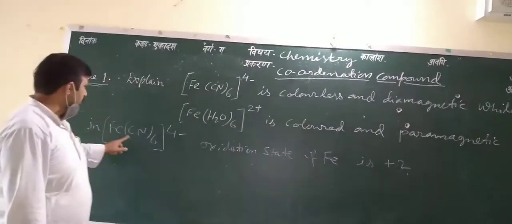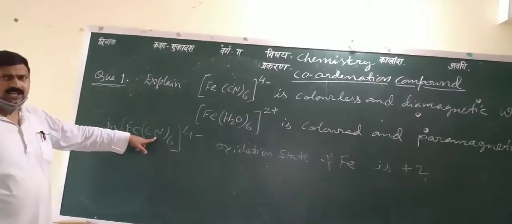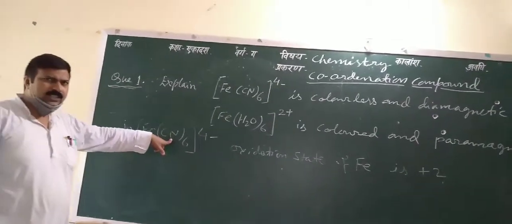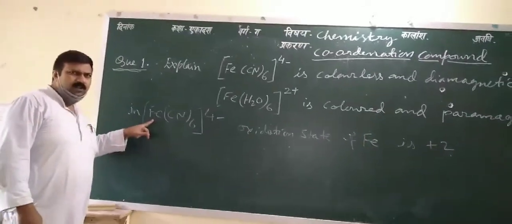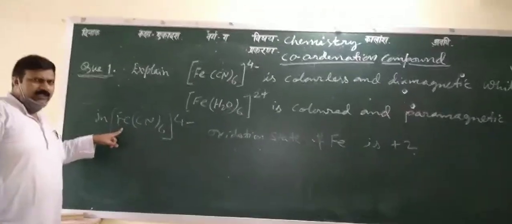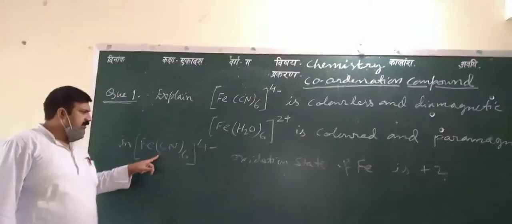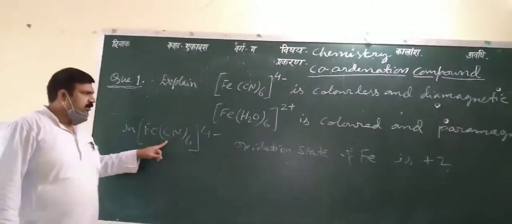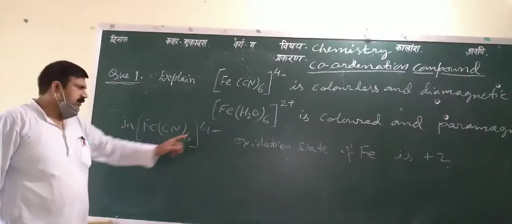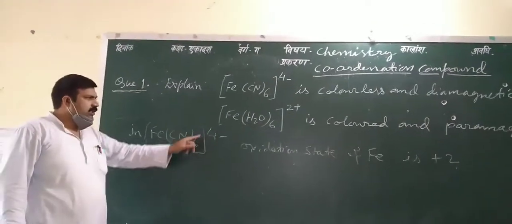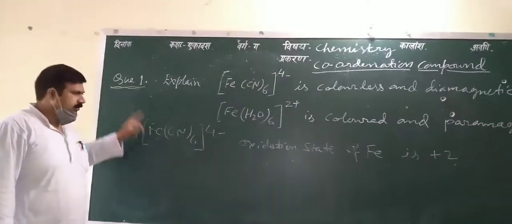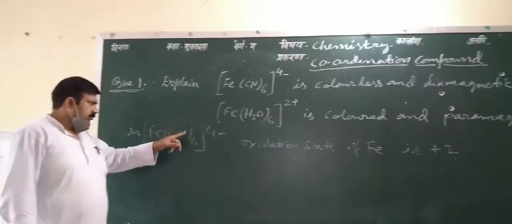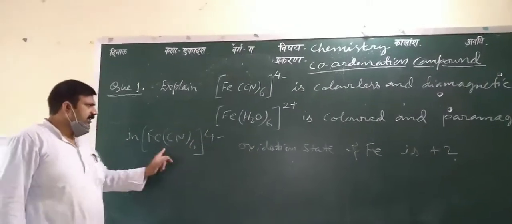You can see here the cyanide ion has oxidation number -1. So we take the oxidation state of Fe as X, then X plus 6 into -1 equals -4, or X - 6 equals -4. Then what will be the value of X? X will be -4 + 6, that is +2.